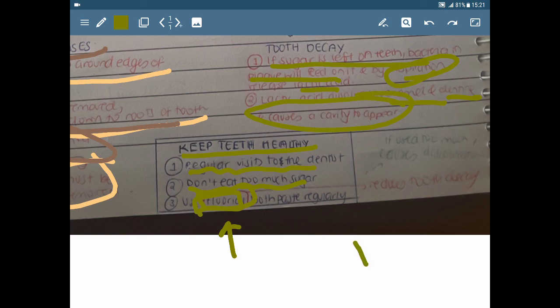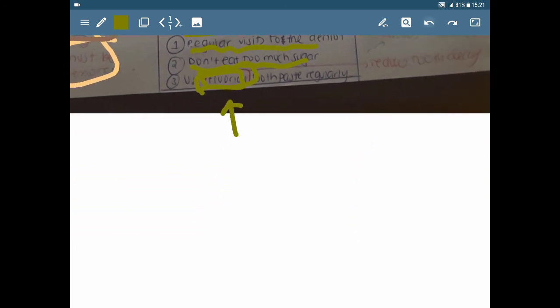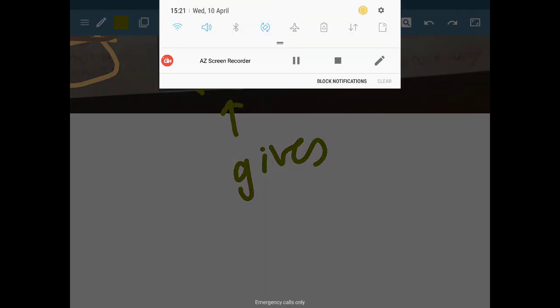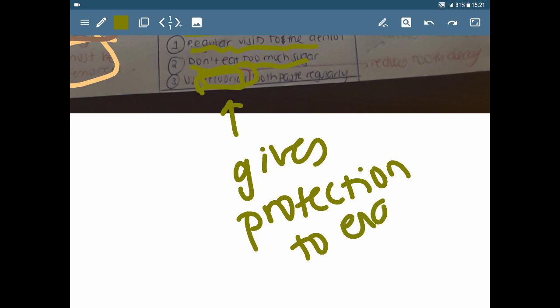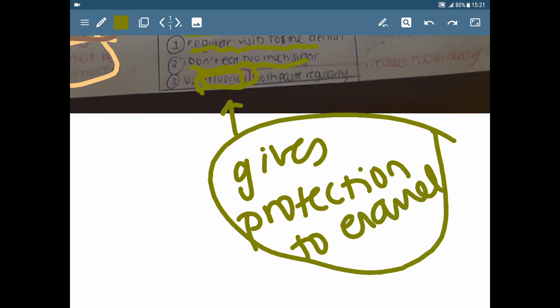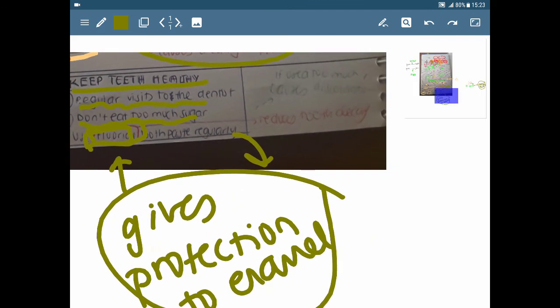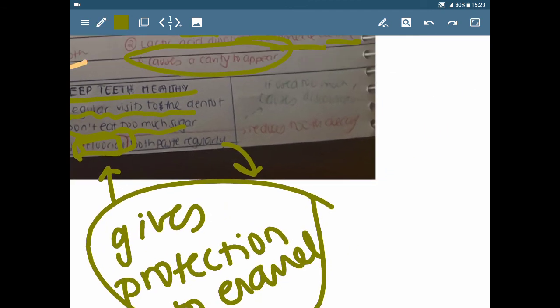Fluoride toothpaste gives protection to enamel, so that lactic acid cannot harm it. So it gives protection to enamel if lactic acid ever ends up in the mouth.